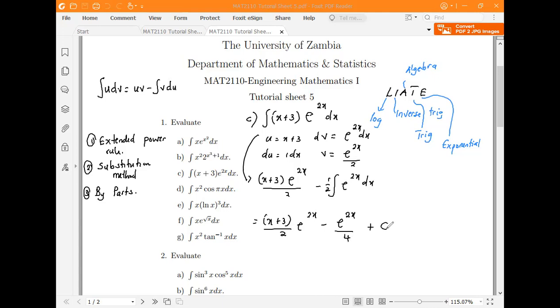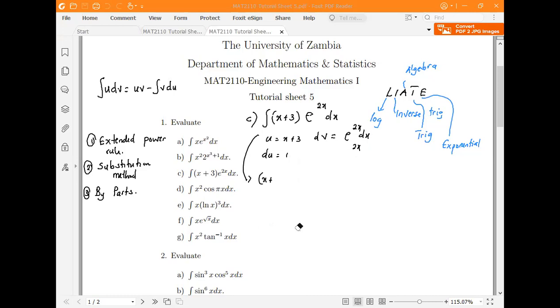Which is the same thing, because the previous solution had x over 2 e^2x plus 3 e^2x over 2. So you could put those two together. So you still have the solution even if you went direct. So those are options that you need when going for any assessment.